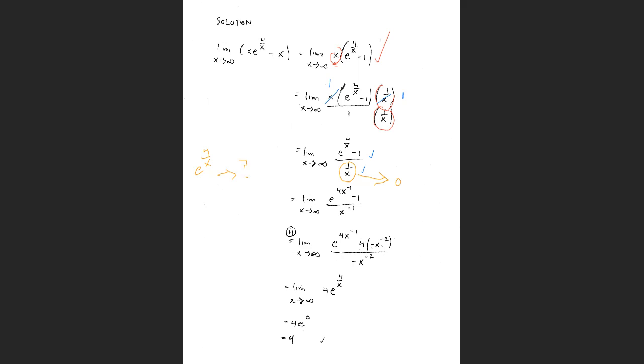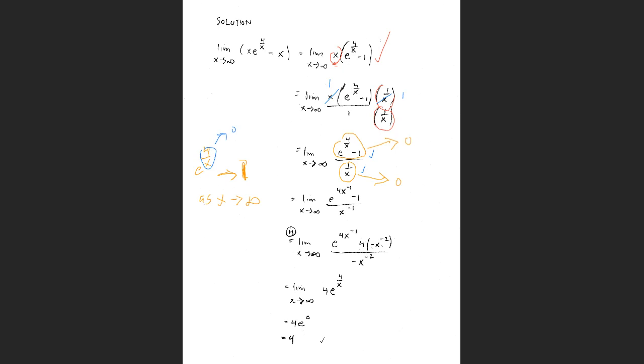Now I'm studying the numerator. It's going to go to 1 as x goes to infinity, because 4 over x goes to 0, and e to the 0 power is equal to 1. So 1 minus 1, something approaching 1 minus 1, goes to 0.